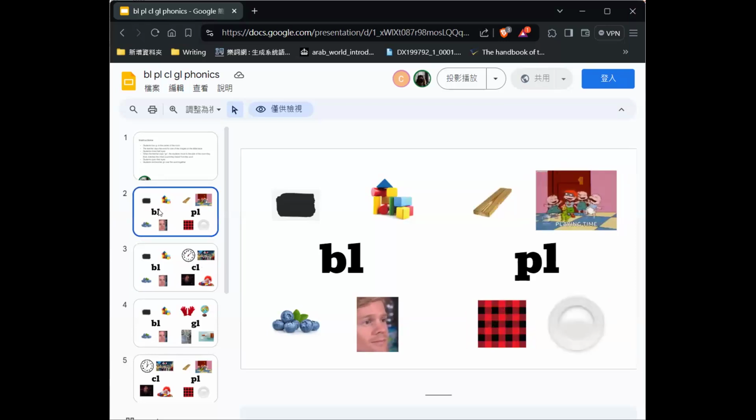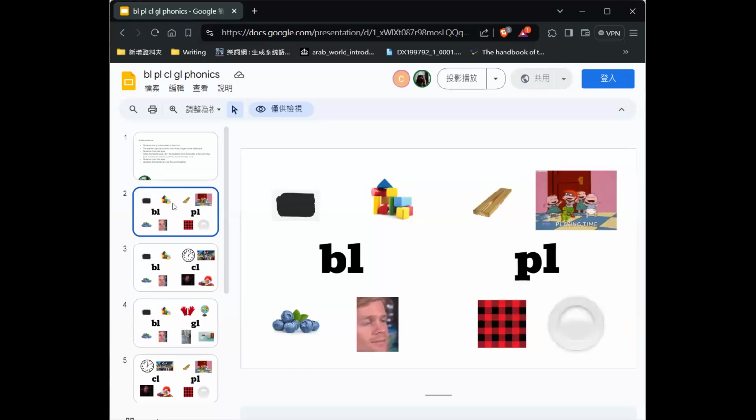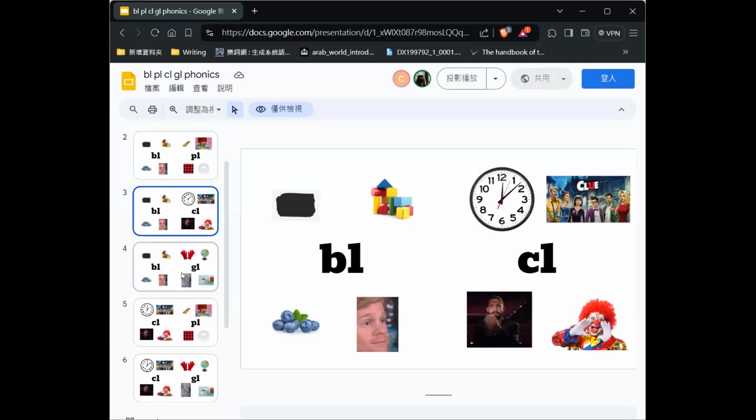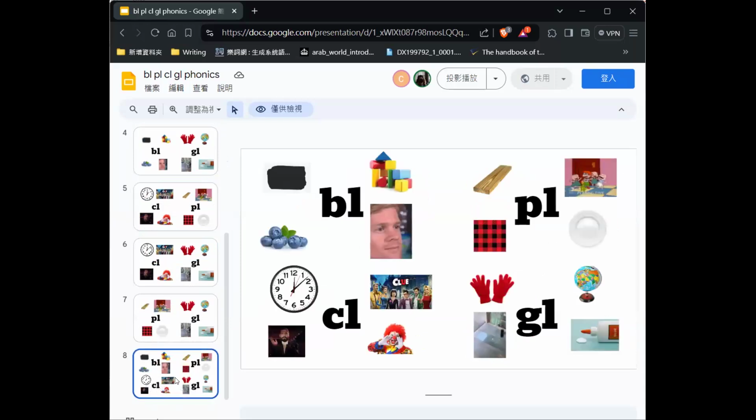Once we get through all of the different combinations, like block, clock, and then blue, glue, we get to the very last slide, which has all four of the blend sounds, and the students will move into the four corners of the room.